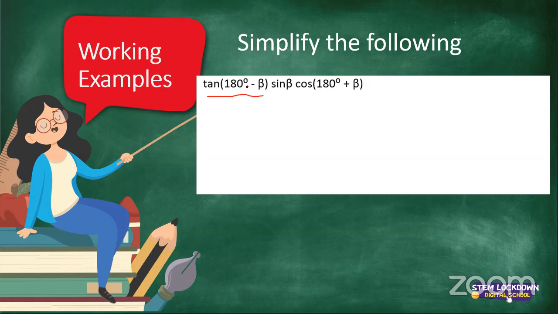As I had mentioned, reducing means trying to remove this because this almost serves as a 0 point on a Cartesian plane. So our first step in trying to reduce tan of 180 minus beta is to say it's minus tan beta.